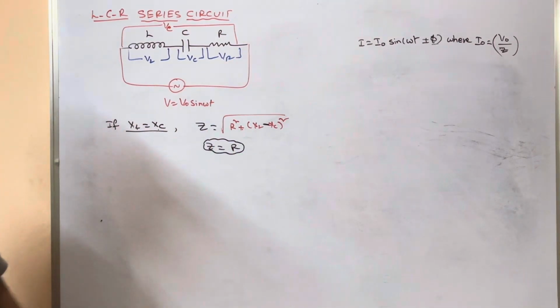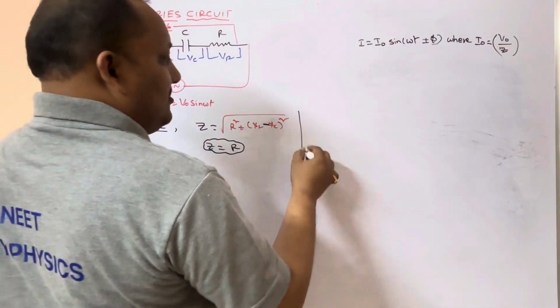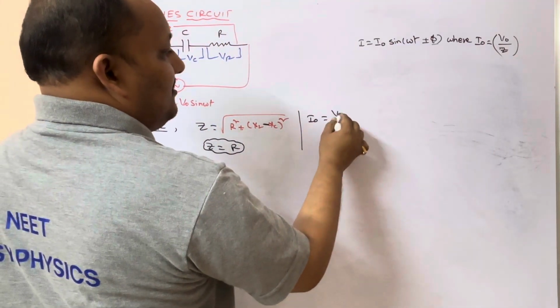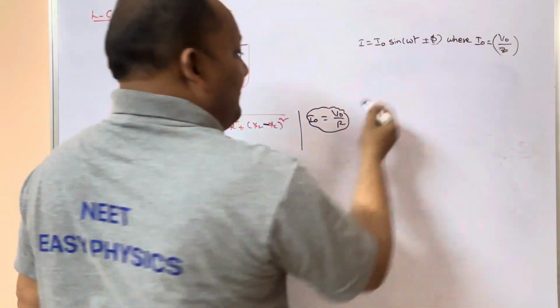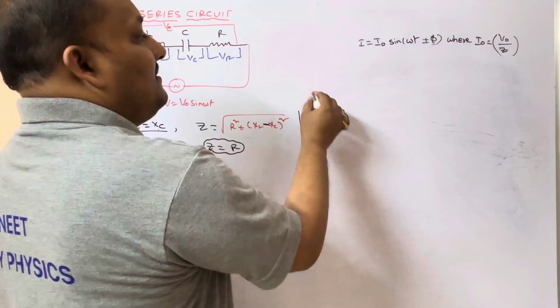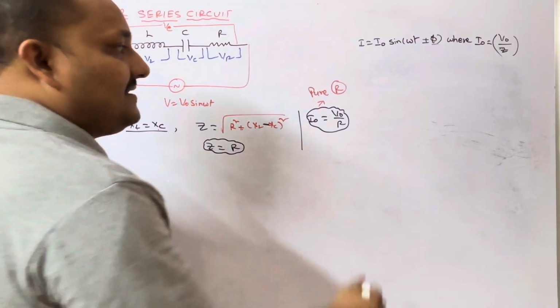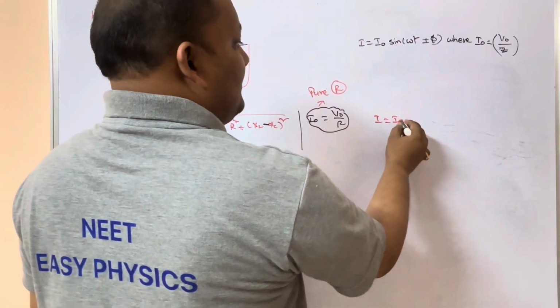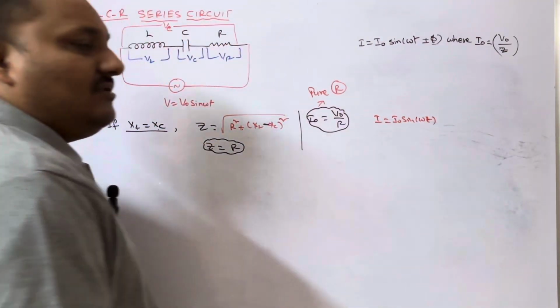Whenever impedance is going to be resistance, then this current I naught is going to be V naught by R. Whenever I naught is V naught by R, this is like a pure resistor circuit. In a pure resistor circuit, I is equal to I naught sin omega t, because there is no phase difference.